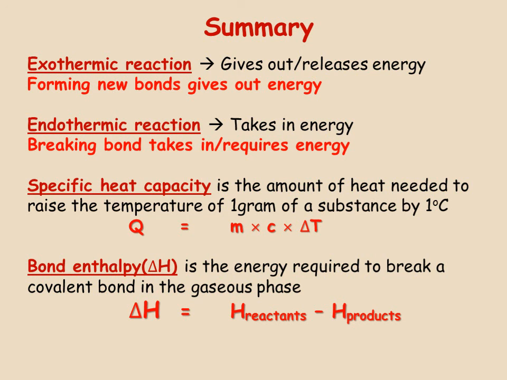Specific heat capacity is the amount of heat needed to raise the temperature of 1 gram of a substance by 1 degree Celsius, and its formula is Q equals mc delta T. Bond enthalpy is the energy required to break a covalent bond in the gaseous phase, so we calculate using the formula delta H equals H reactants minus H products.